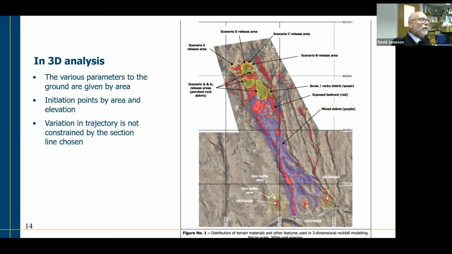In the areas of red, we've got fresh bedrock or clean bedrock, which has been exposed through washing down of debris material, and in purple, mixed debris materials, which are present because of the failure, and other scree and materials which are purely stacked blocks of clean rock as well. And we also apply, rather than just point seeders, area seeders from which perched rocks might come, but again in plan view as opposed to just points on the cross section.